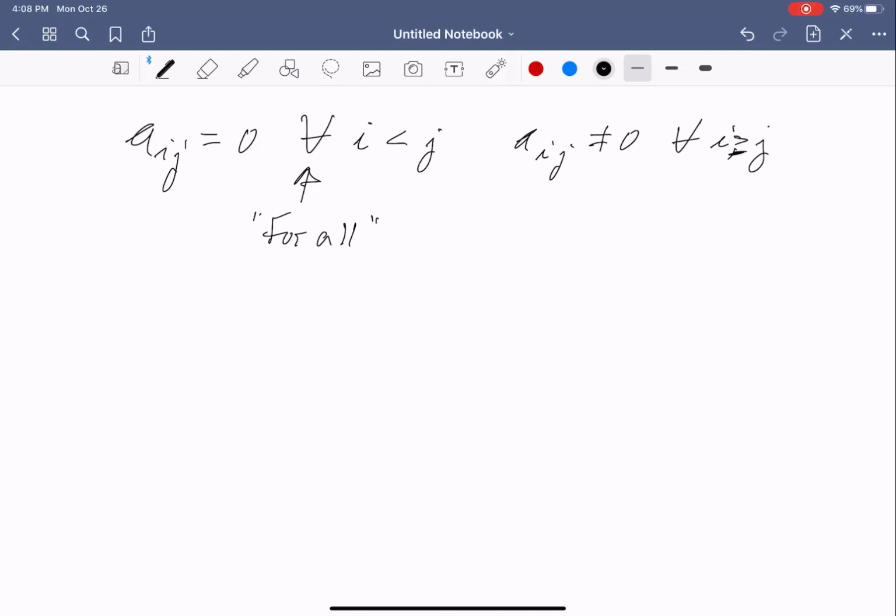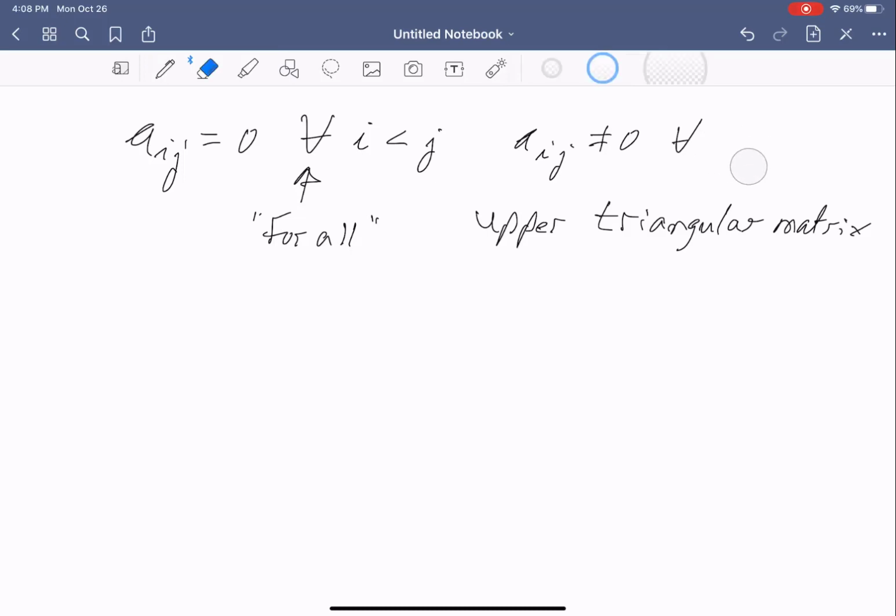Okay, so that's for an upper triangular matrix. And let me just be clear about this, that this is for i greater than or equal to j.